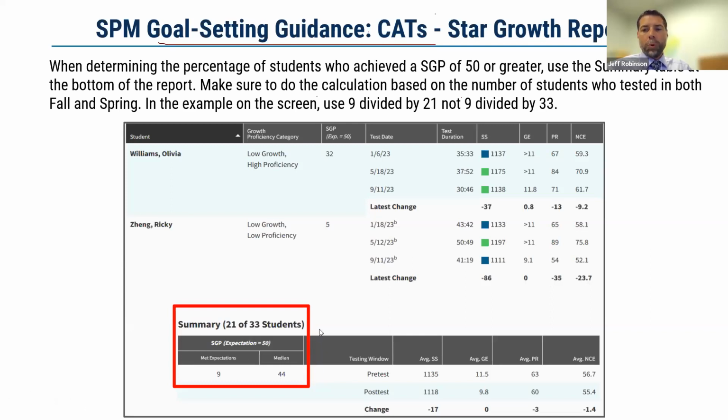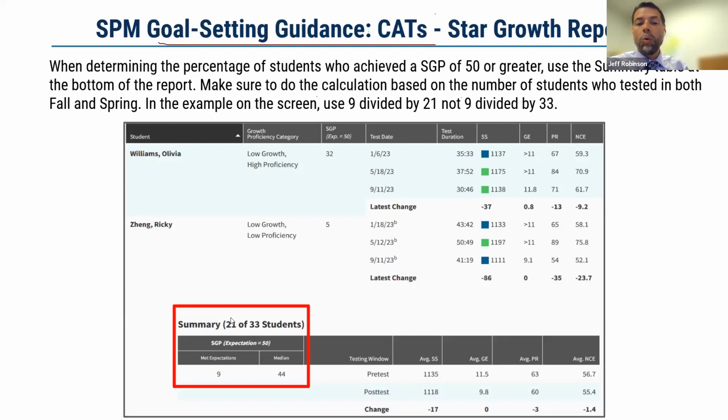Now, it's important to remember when you are determining the percent of kids who hit the SGP goal, that you want to only be looking at the students who actually have an SGP score because they have 2 or more computer adaptive scores from different windows. So here, I can see that there are 33 students in this class, but the summary table only shows me data on 21 of them.